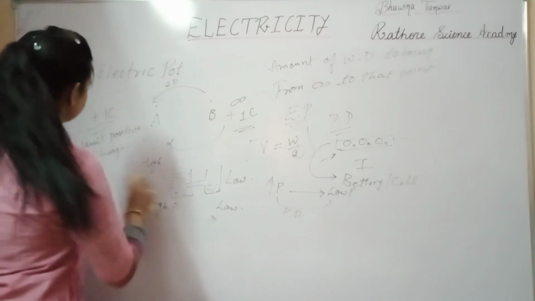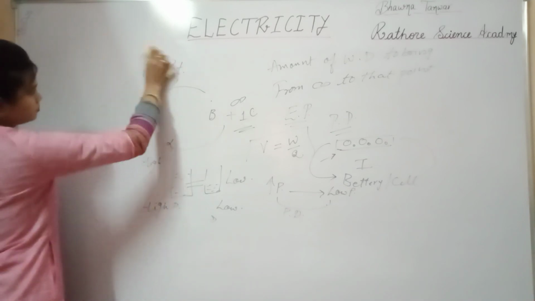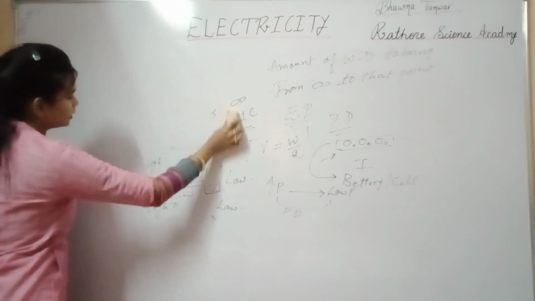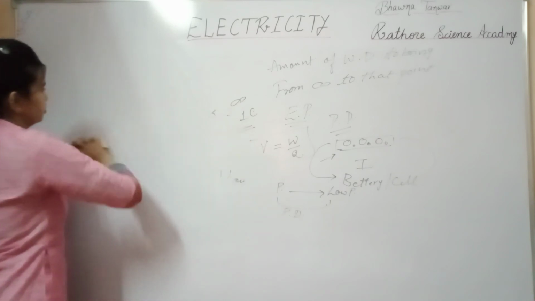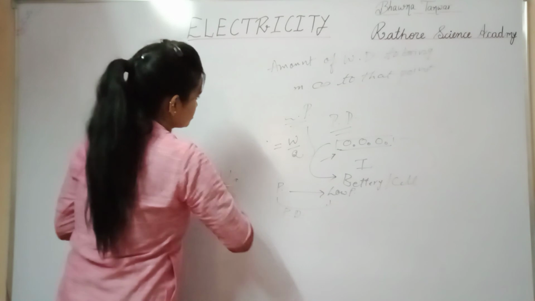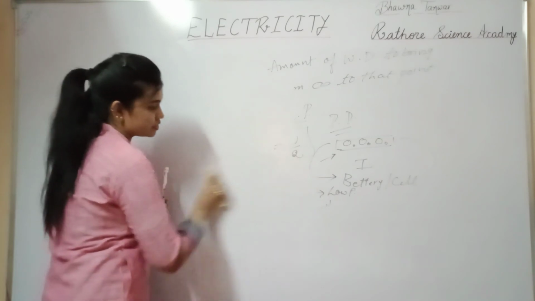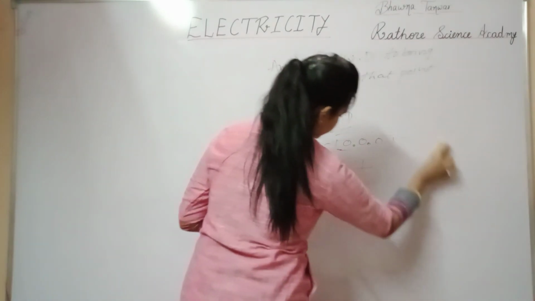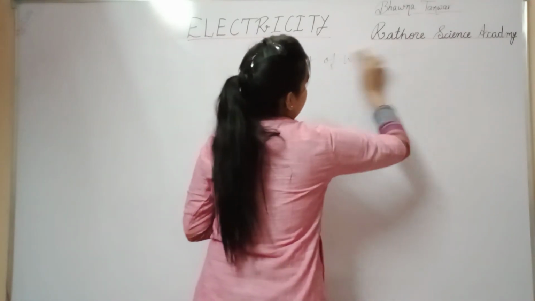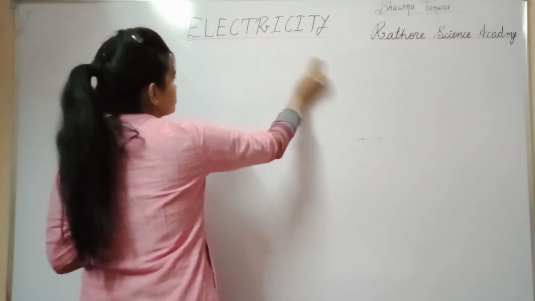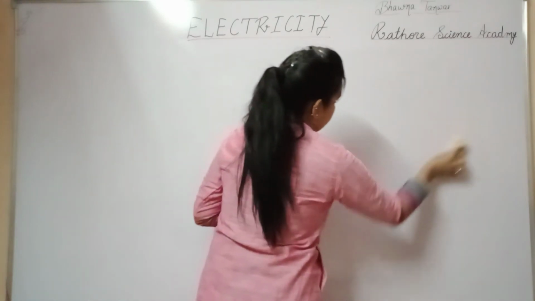Let us move further. Till now what have we discussed? From the beginning, we have discussed what electricity is, static electricity, current electricity. Then we discussed charges, positive and negative charges, right?